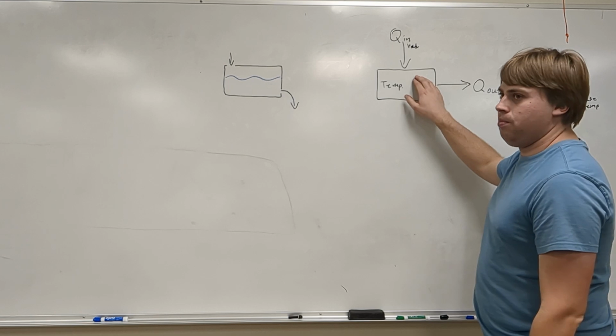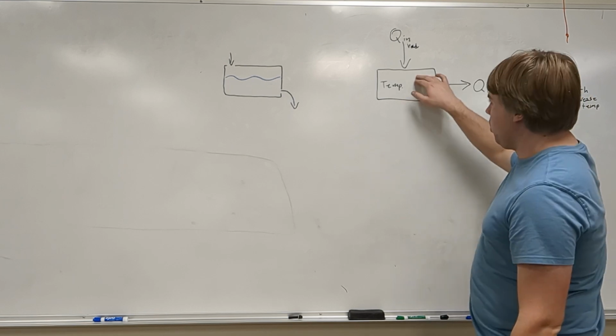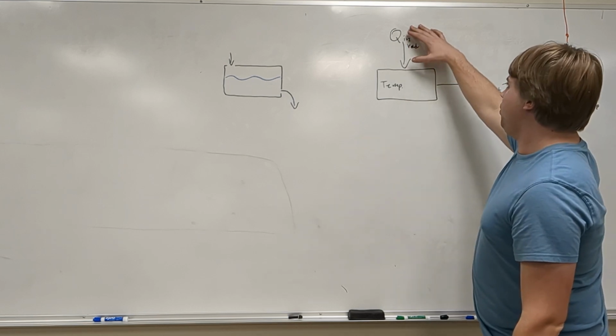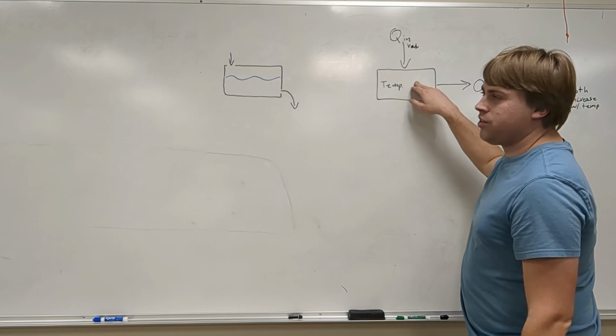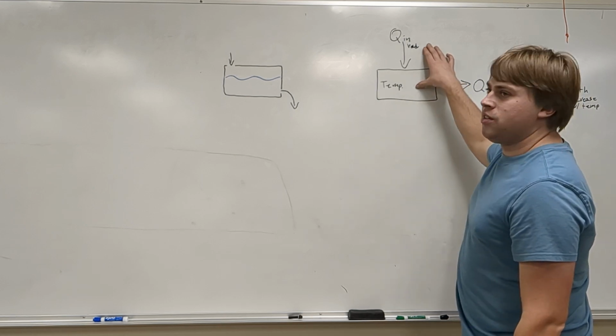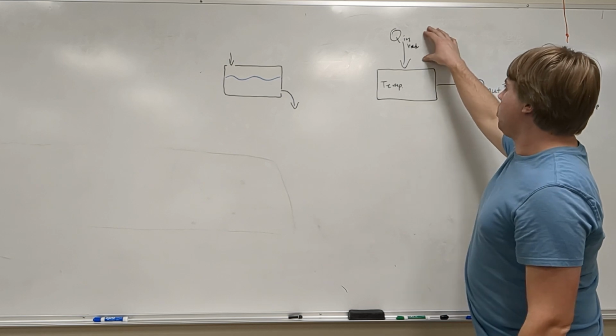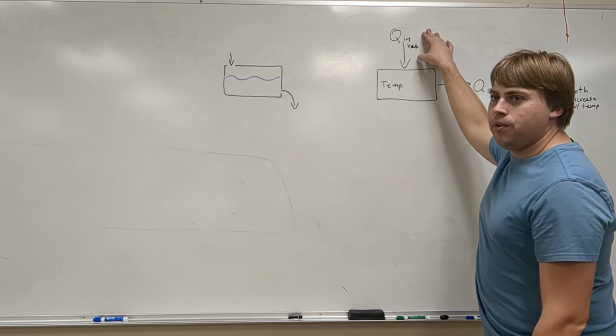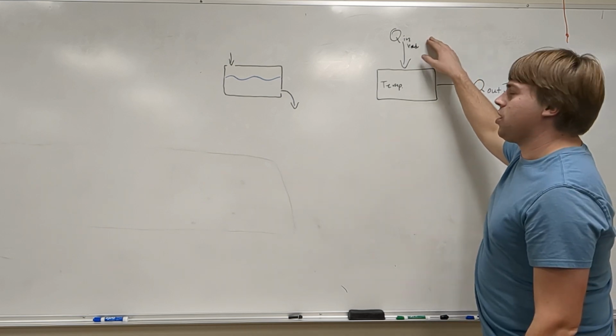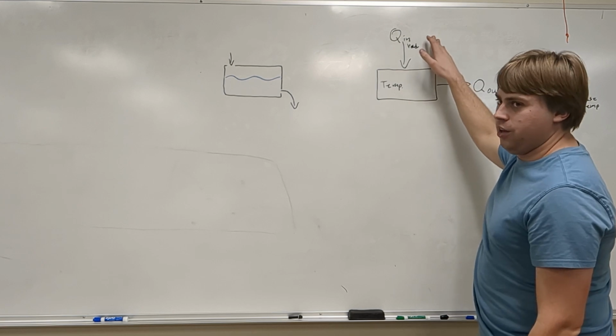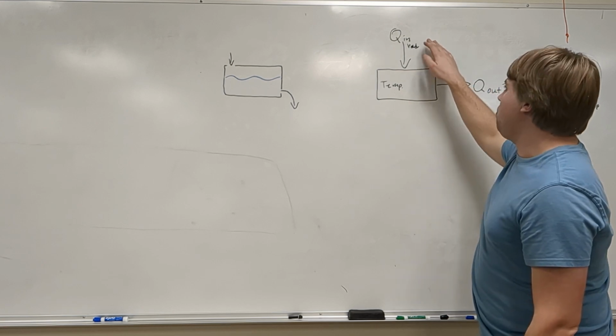We have Q energy coming into the box from the lights. We know this quantity: it's our Q dot, the energy flow rate, times the amount of time the light is on.